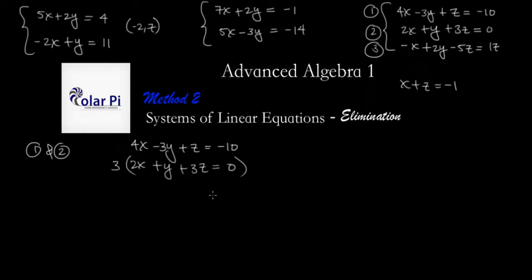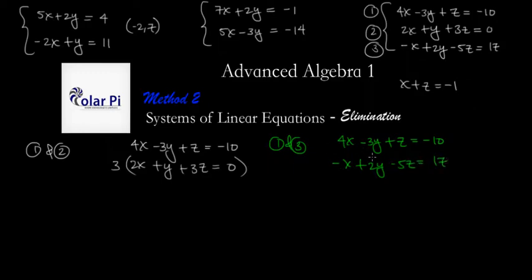And let's try and do this in a different color. So if we pair 1 and 3, then 1 is 4x and then minus 3y plus z equals negative 10. And then 3 is negative x plus 2y minus 5z equals 17.